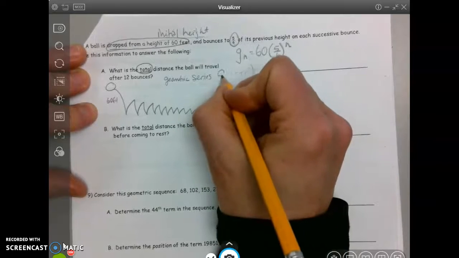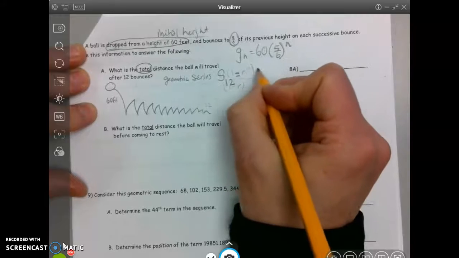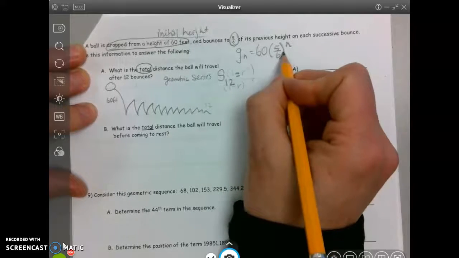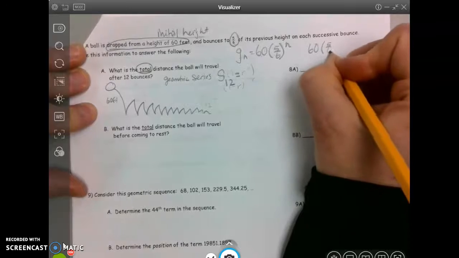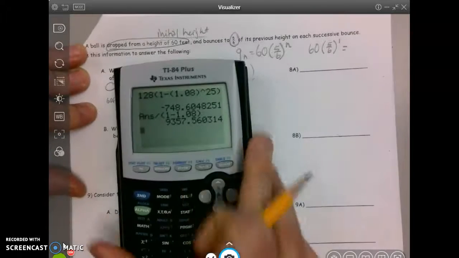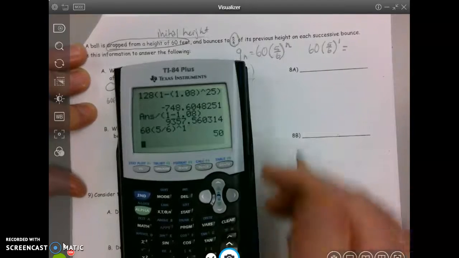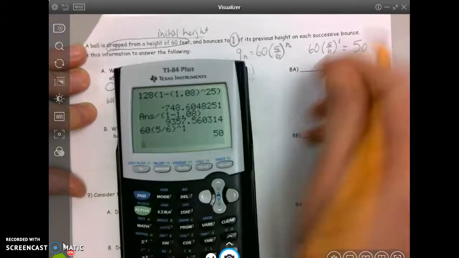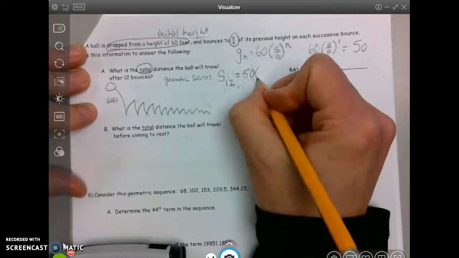So S sub 12, because I've got 12 bounces, starts with the first bounce, which means I need to figure out 60 times 5/6 to the first. Well, to the first, I know that's just times 5/6, which is 50. So 50 is going to be that first bounce.